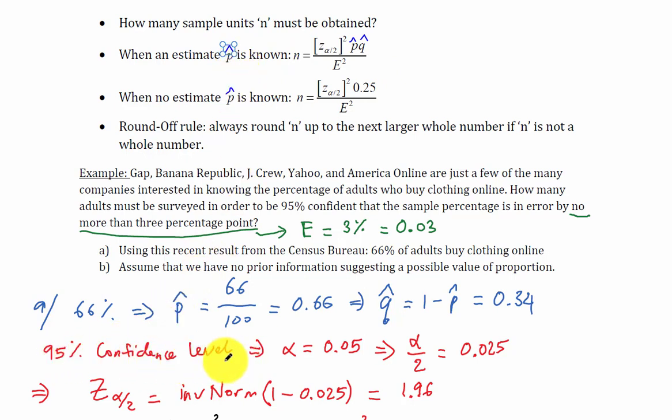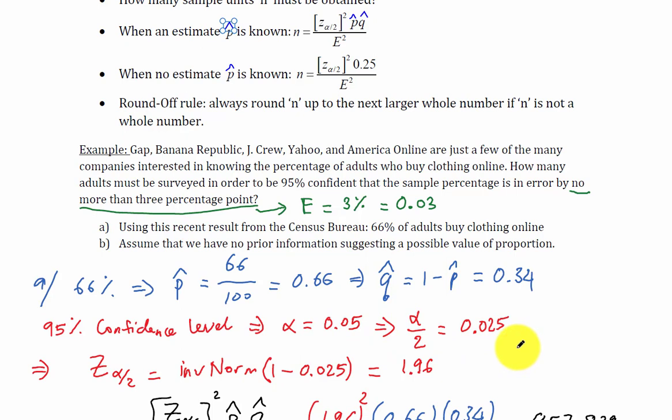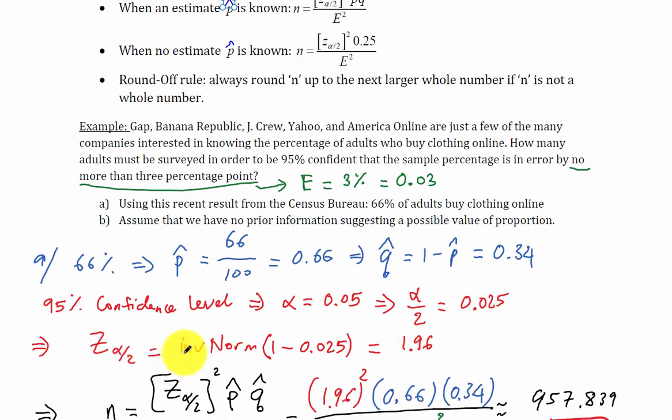95% confidence level gives you alpha of 0.05, and alpha over 2 is 0.025. This is just a review from the last sample. Z alpha over 2 is just the inverse norm of 1 minus this number, to get 1.96 as before.